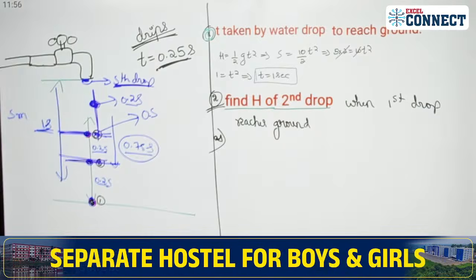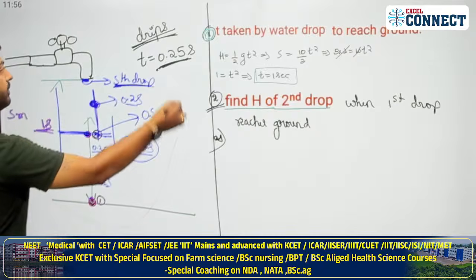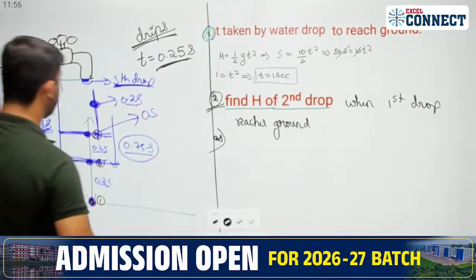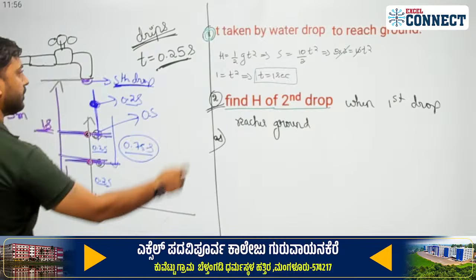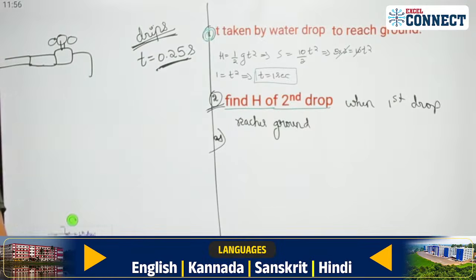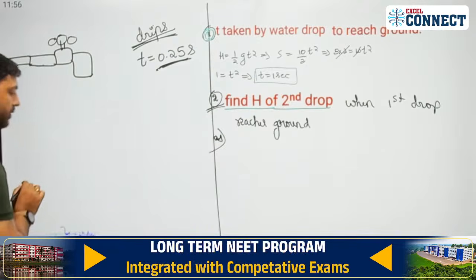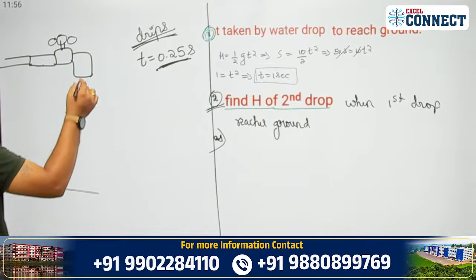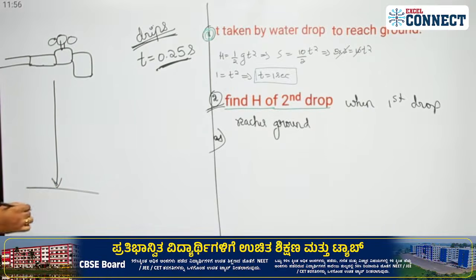Okay, I will explain this once again. So from tower, the first drop will reach the ground. What is the time taken?